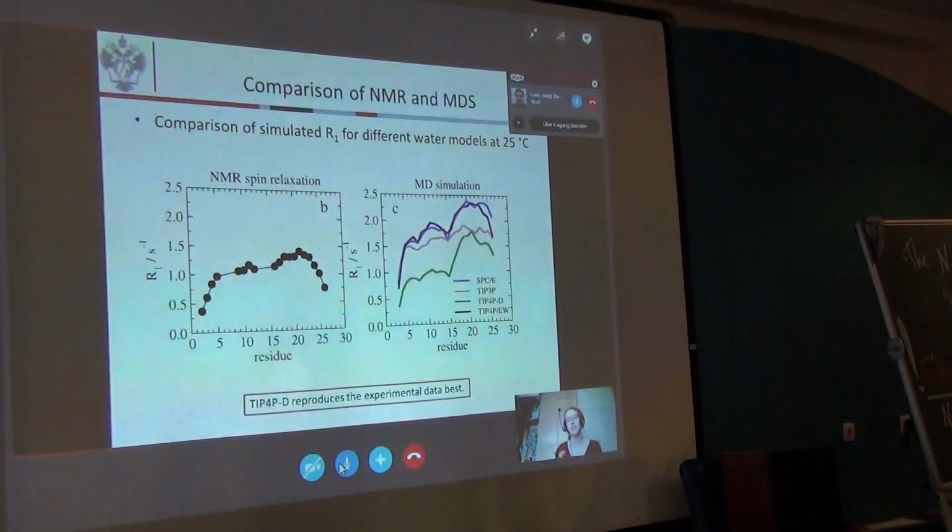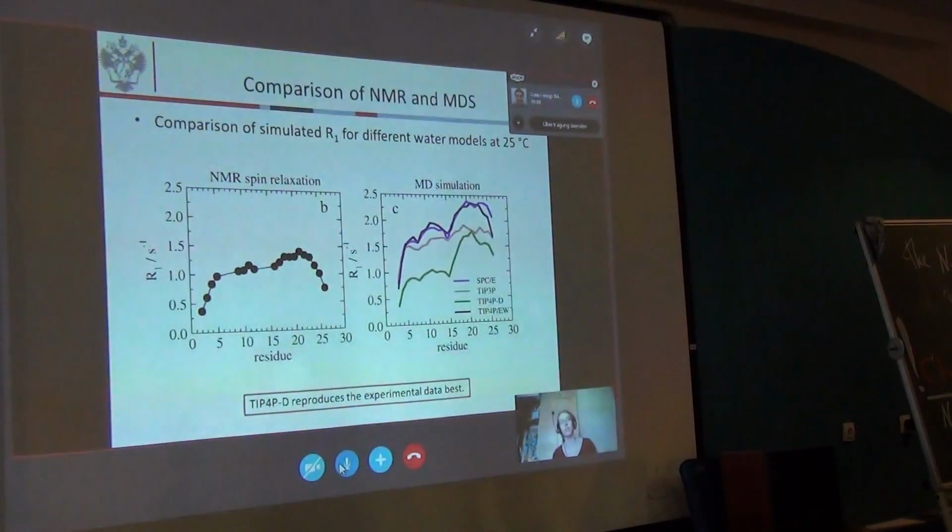I don't think that TIP4PD is the best for intrinsically disordered proteins because it is just pointing in the right direction. So the authors just played around and tried to get a better representation and tried to find the origin of the misrepresentation of the standard water molecules.